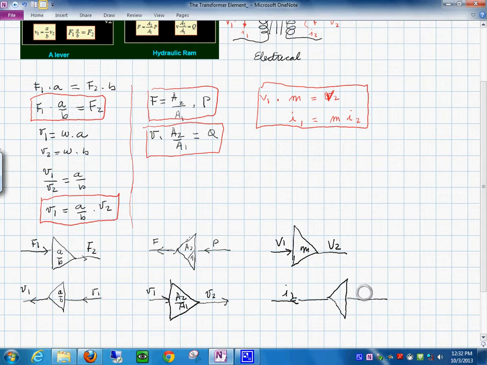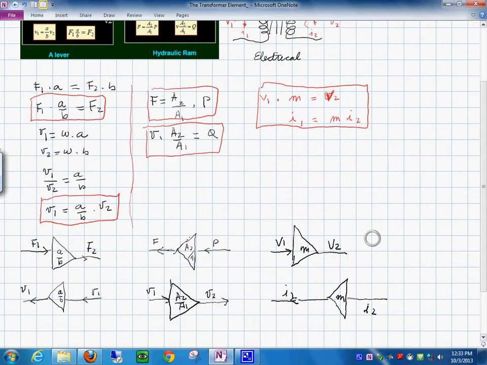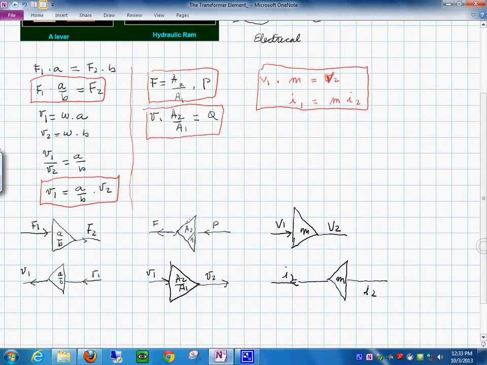This is I2. So I2 times M is I1, and B1 times M is B2. Okay, so this is how we represent it in the block diagram form.